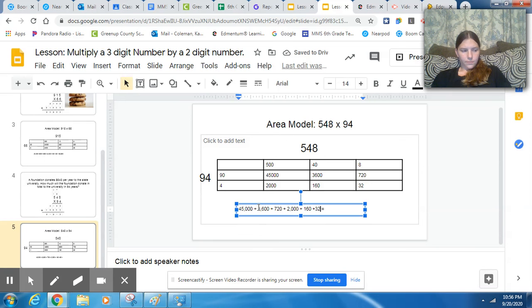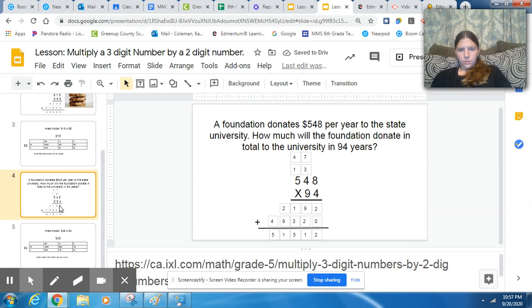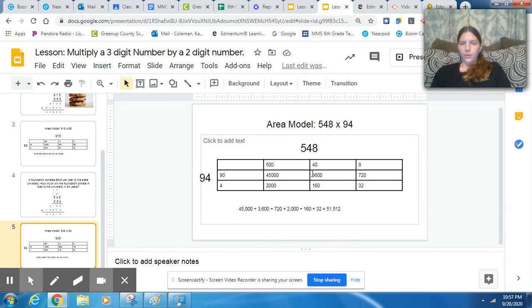And that equals 51,512, which is the same answer that we got in our standard algorithm.